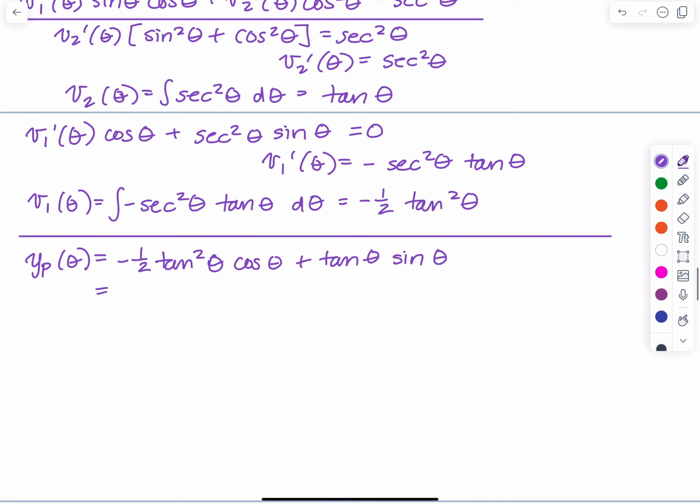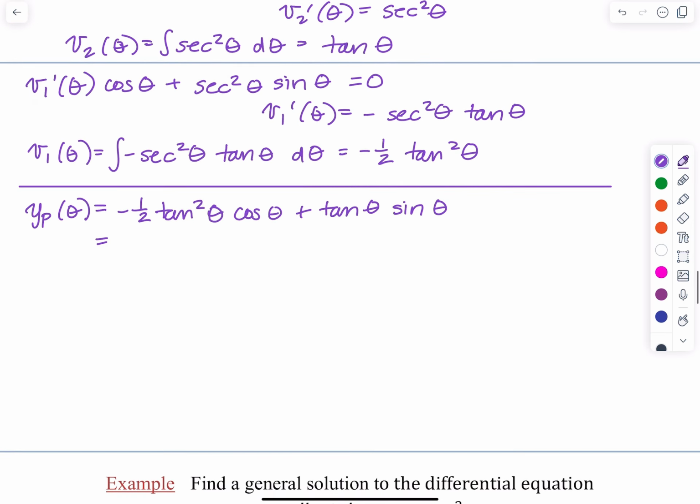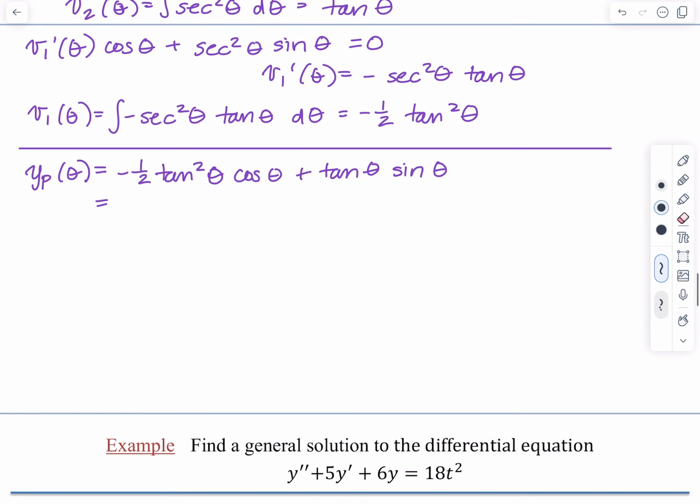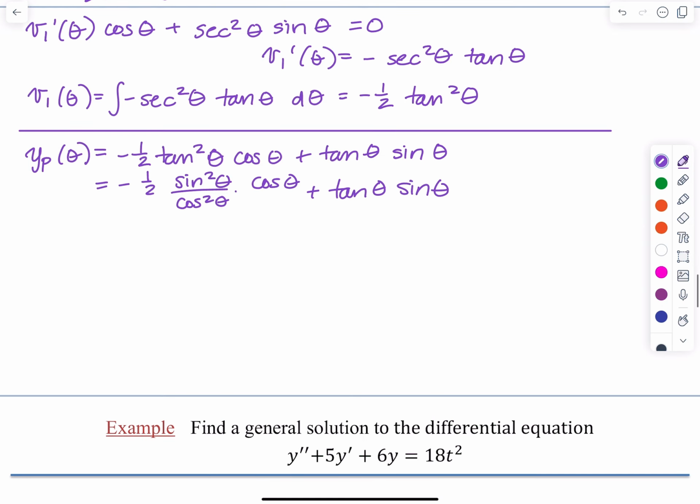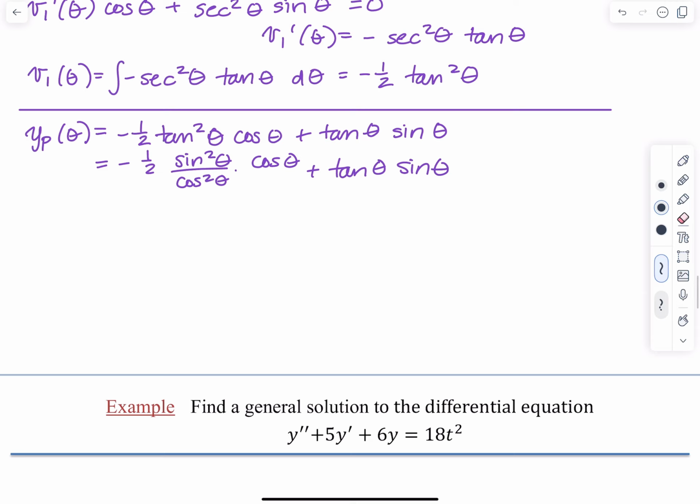And we can then see that that's equal to 1/2 the tangent of theta sine of theta. And I can actually show you that. That would be equal to negative 1/2 sine squared theta over cosine squared theta multiplied by the cosine of theta.